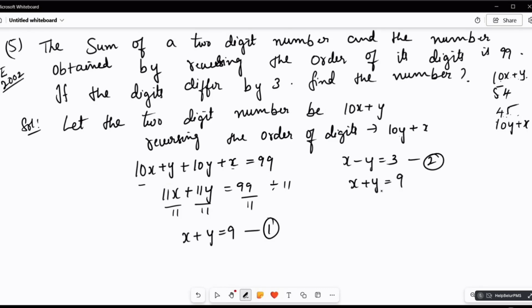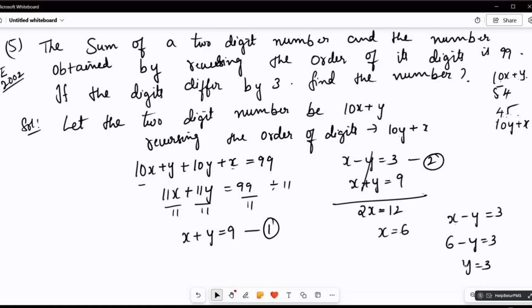Now add them. 2x is equal to 12, x is equal to 6. Now x minus y is 3, so 6 minus y is 3, so y is equal to 3.